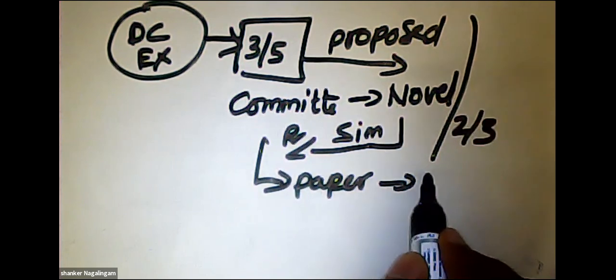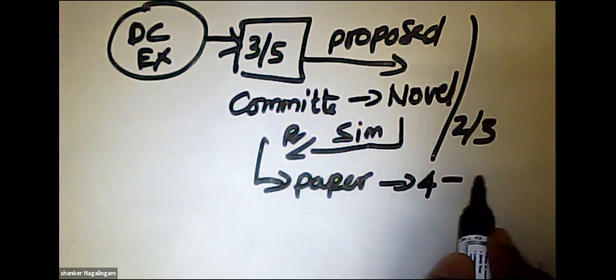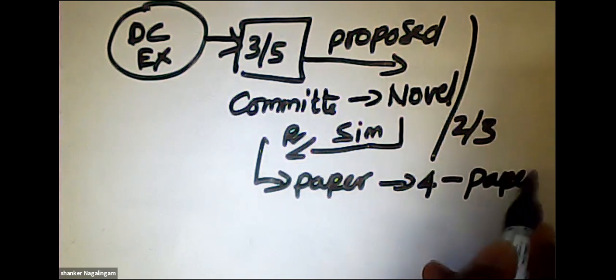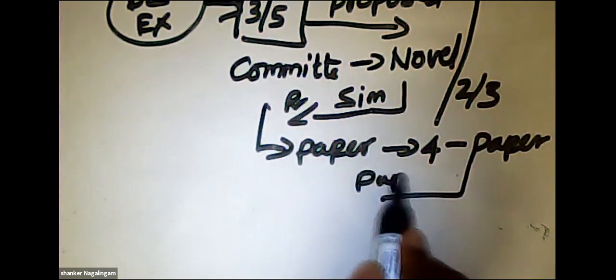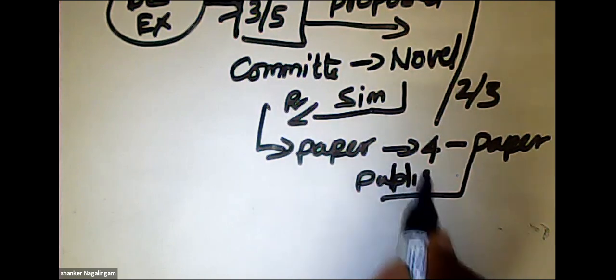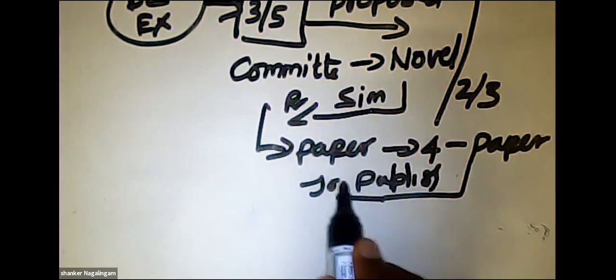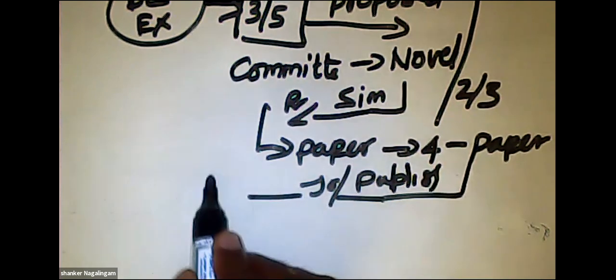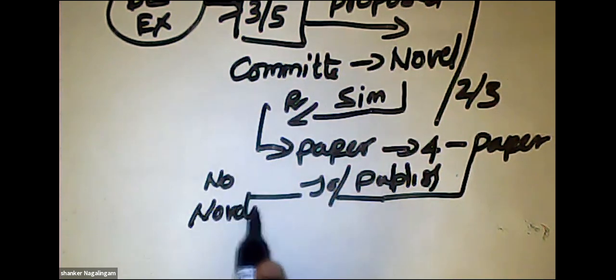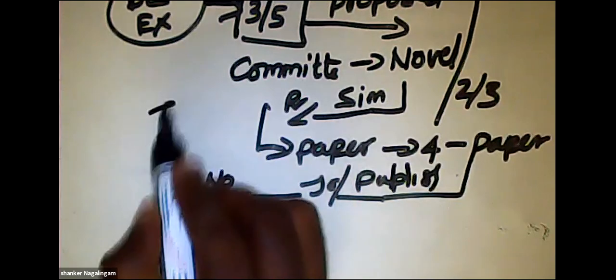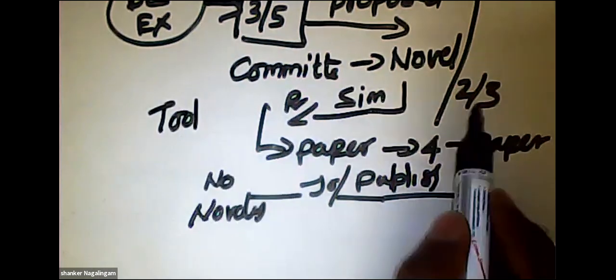In the fourth year you may have one paper, and when you try to publish this paper in a journal, they say that it does not have any novelty. So this one particular tool saves you 2 to 3 years of time.